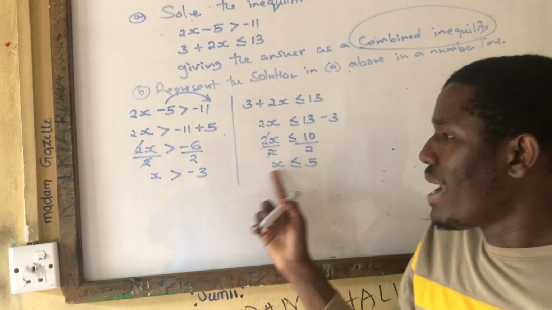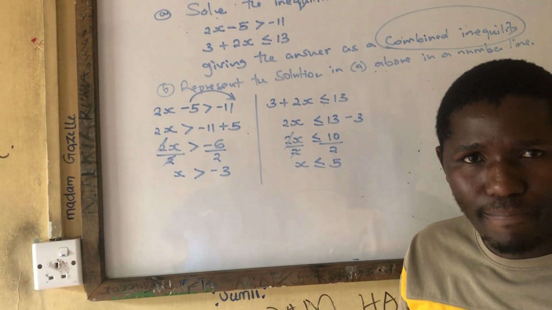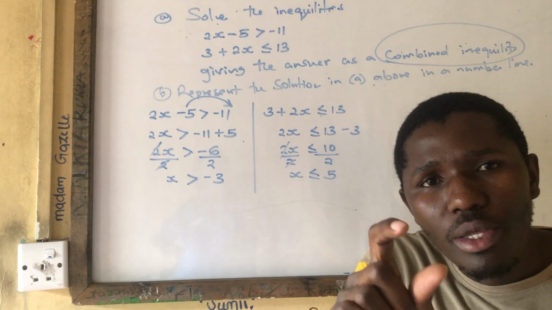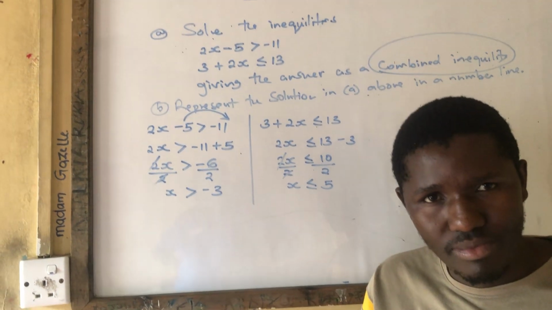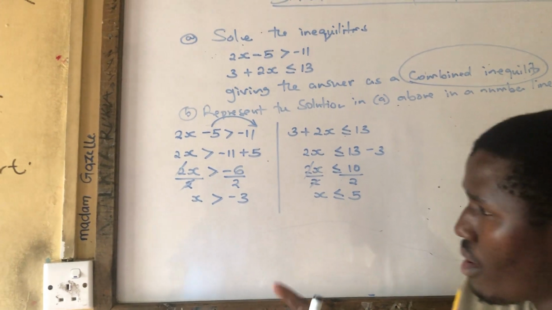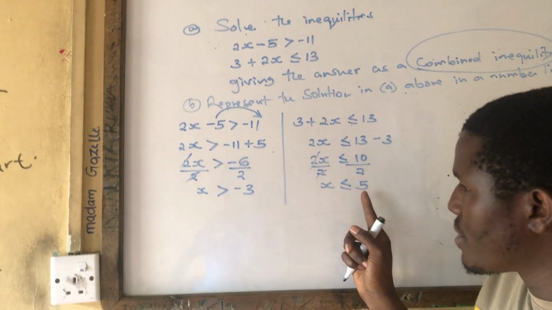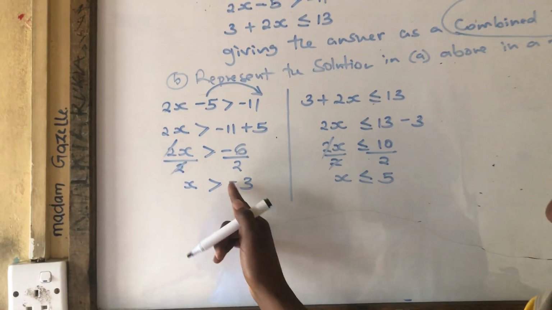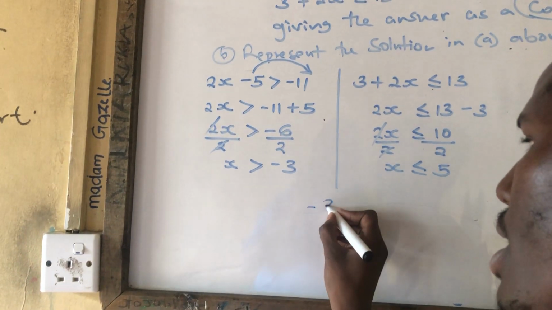When combining these two inequalities, you start with the smaller number. Between -3 and +5, which number is smaller in this case? -3 is the smaller number.